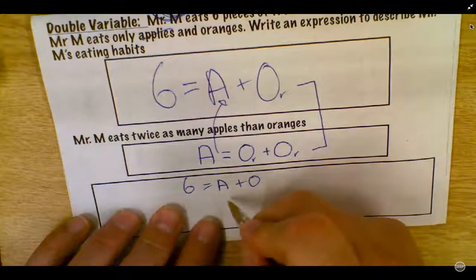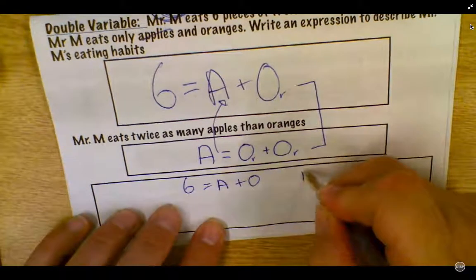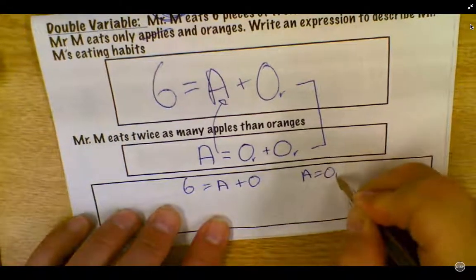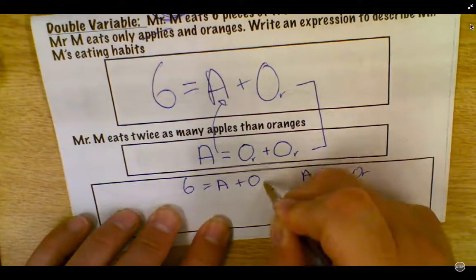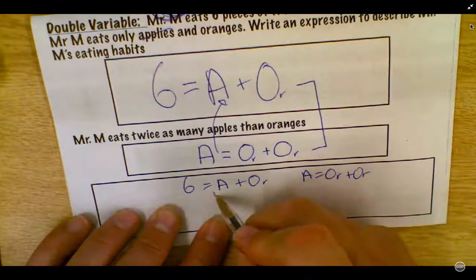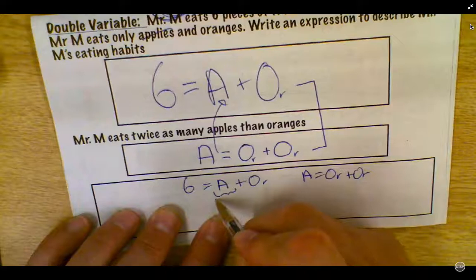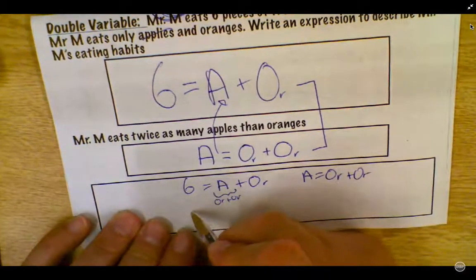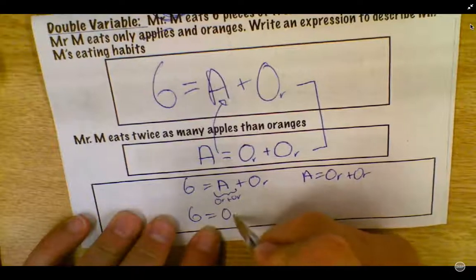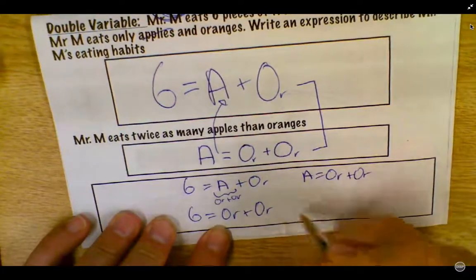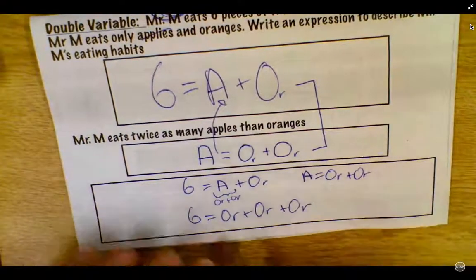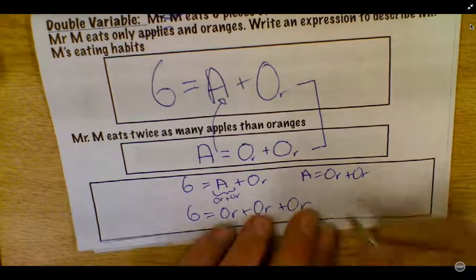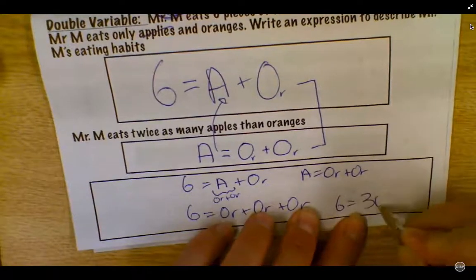I also know that A equals oranges plus oranges. So for this A, I'm going to insert the oranges plus oranges from over here. And let's see what I get. 6 equals orange plus orange plus orange. So that's 3 oranges. So 6 equals 3 oranges.